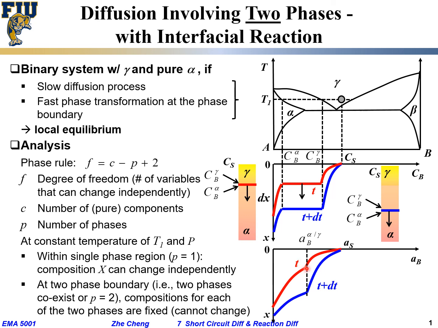And they have to match here because locally I have equilibrium. Make sense? Locally they have equilibrium. Similarly, at the time t plus dt, the interface moved by dx, the concentration profile would change a little bit, but they still have to connect well at the interface, while within each of the phases, they have to be continuous. Okay.